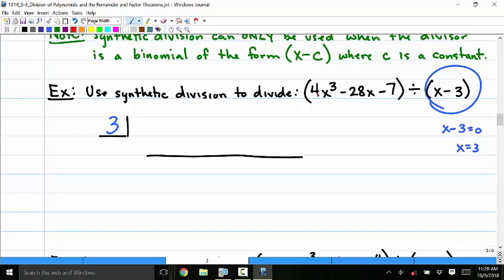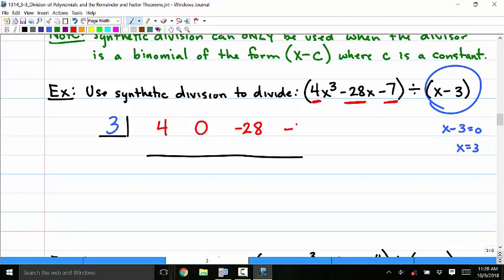Meaning, you see the 4 with the x cubed? Is there an x squared? No, so you have to put a 0 as a placeholder for the x squared. Is there an x? So put negative 28. Is there a constant?